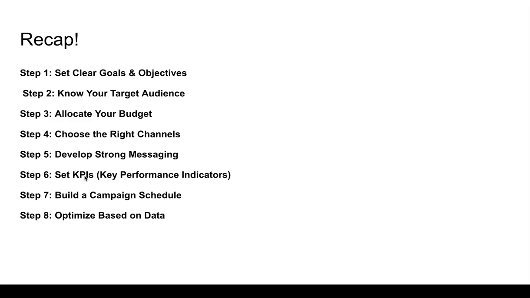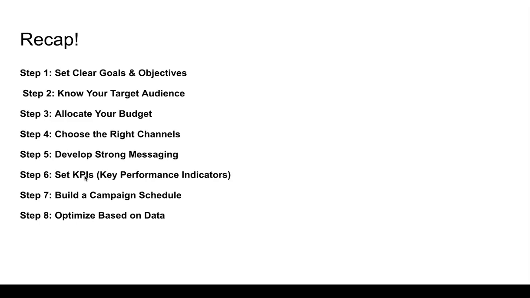So let's do a quick recap. Step 1, you want to set a clear goal and objective. Step 2, you want to know your target audience. Step 3, you want to allocate your budget. Step 4, you want to choose the right channels. Step 5, you want to develop strong messaging.